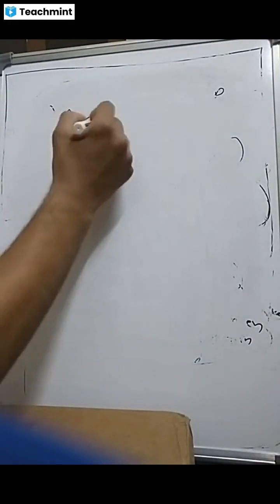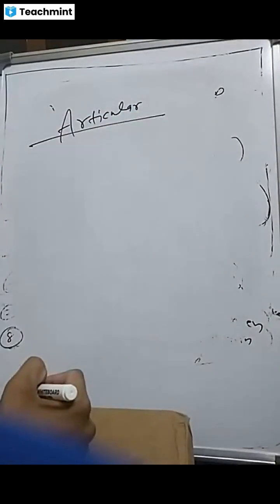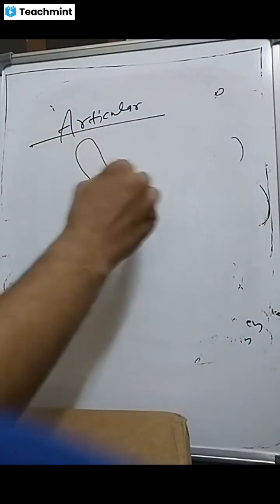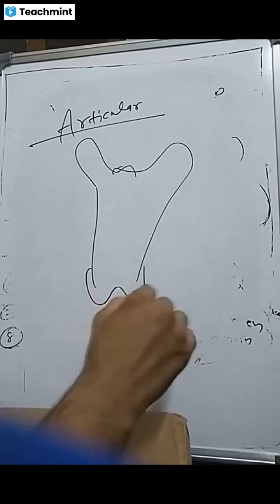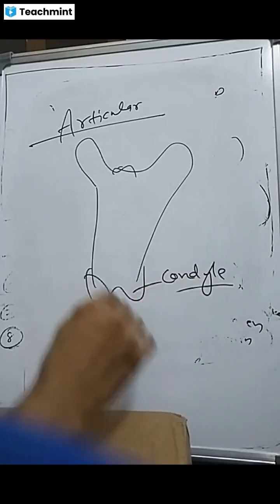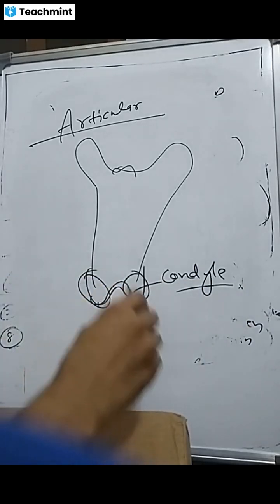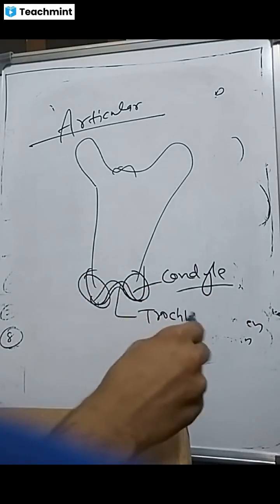After this there are articular anatomical terms. Again we have the femur. These are condyles. The posterior side is the condyle, and this is known as the trochlea.